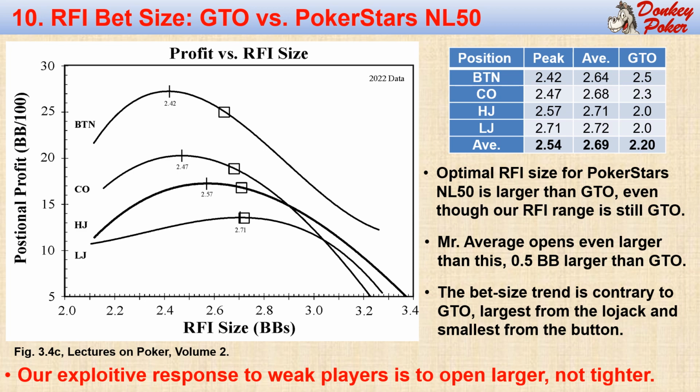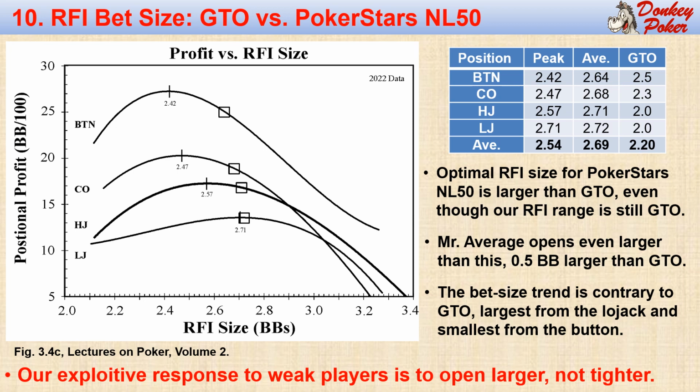But this GTO solver solution only exists because the GTO solvers assumed perfect GTO opponents. So when we open larger, we must compensate by opening tighter. This lesson does not apply to a real game. In a real game, we keep our opening range close to GTO while increasing our open size to exploit the poor play of our opponents.